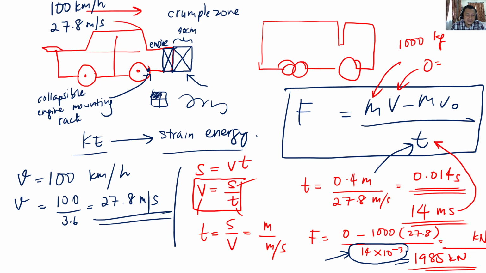So engine drop is a feature. It's not something that engineers take for granted. I think you remember a few years ago, Proton Prevé, engine dropped on the road and people were laughing about it.